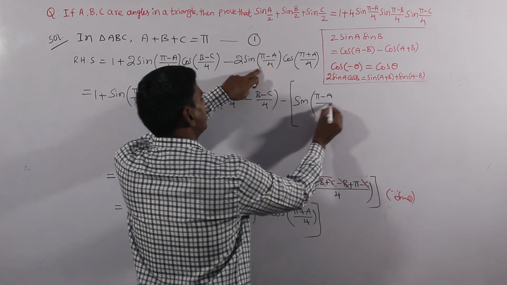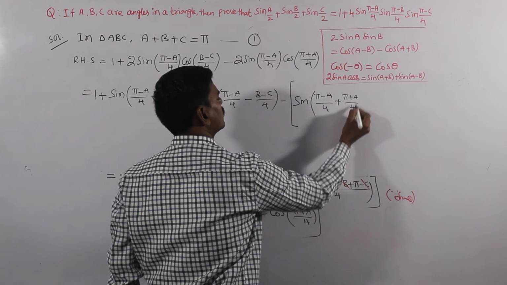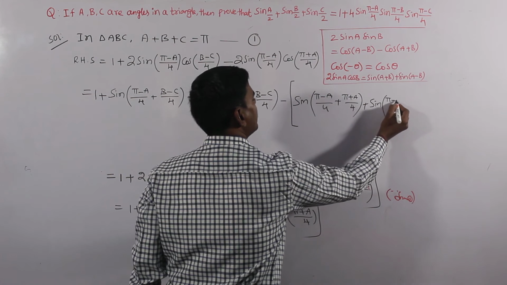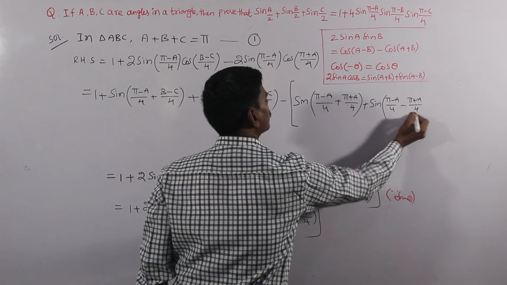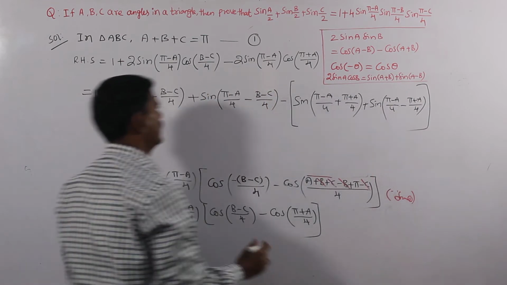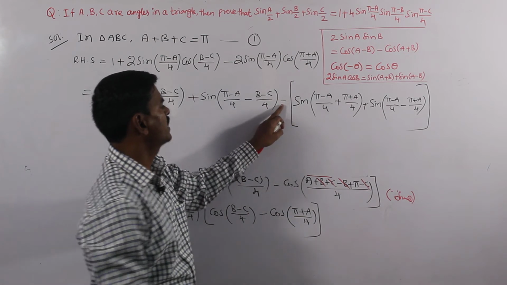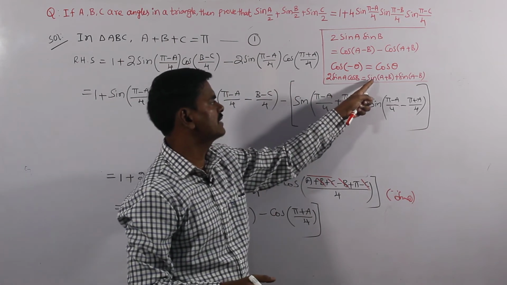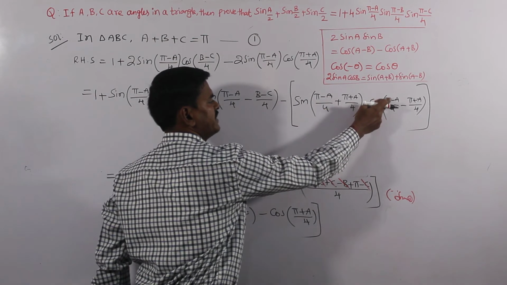(Pi minus a)/4 plus b, (pi plus a)/4. Sine of (a plus b) plus sine of (a minus b), (pi minus a)/4 minus (pi plus a)/4. So after the negative sign, we kept brackets, and in the bracket I wrote the 2 sine a cos b formula, that is sine of (a plus b) plus sine of (a minus b).